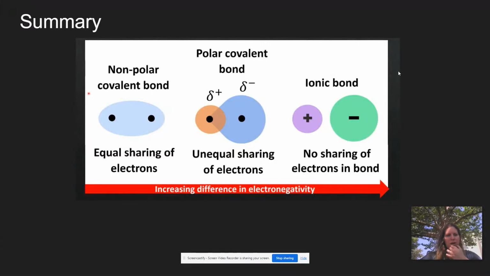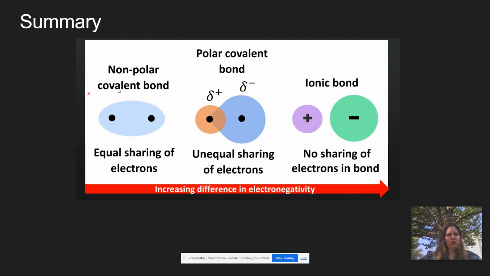So to summarize, the type of bond that two atoms will form depends on their differences in electronegativity. If they have a really similar pull on electrons, then the electrons are going to go back and forth relatively equally. Both of the ends of the bond are going to be the same, and you have a non-polar covalent bond. And just to maybe think about covalent, right?